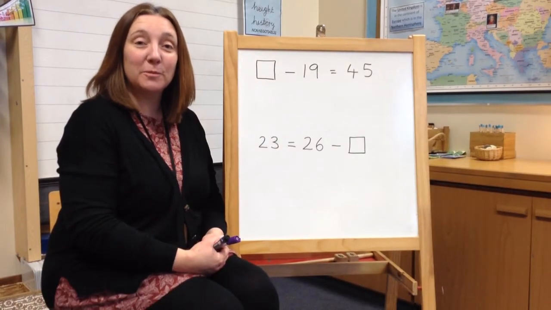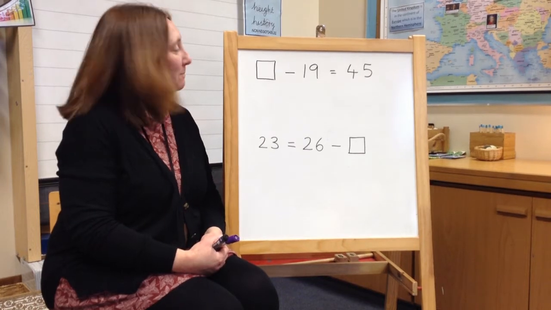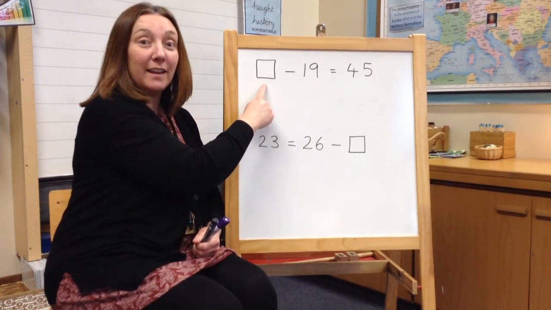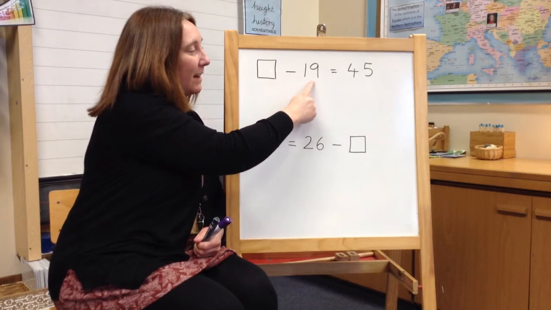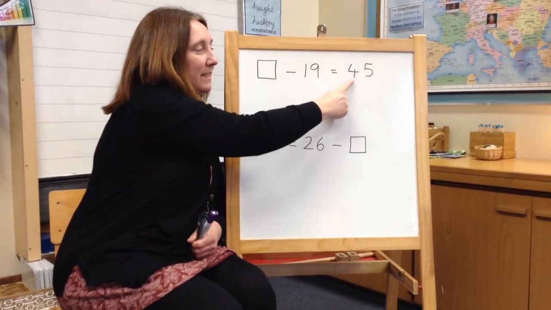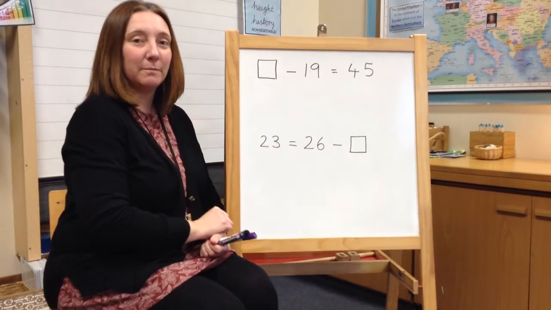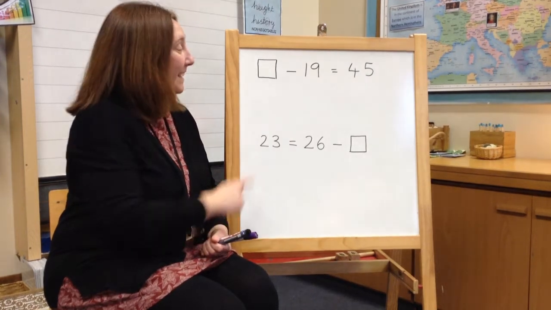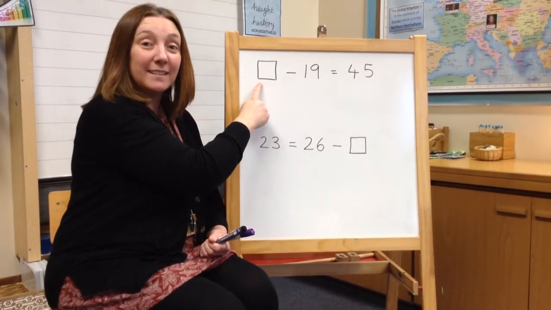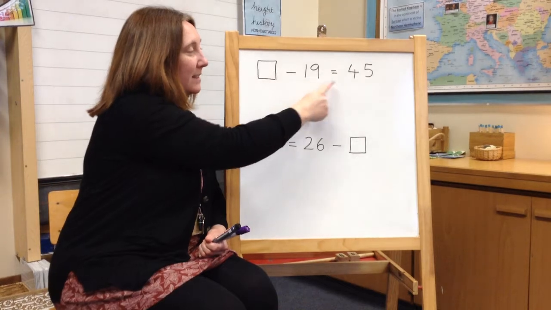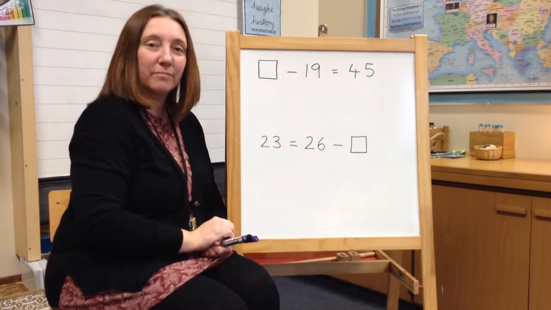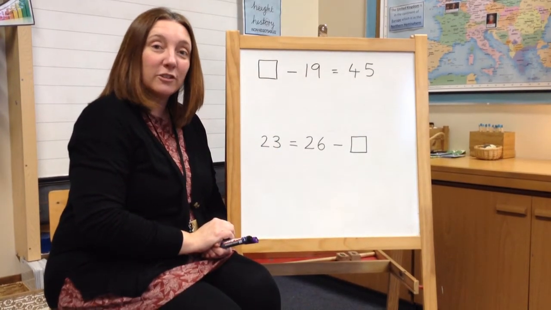Let's move on to some subtraction equations now. We've got something, subtract 19, and we have a difference of 45. What is missing? It's a minuend. We know the subtrahend and we know the difference. What do we know about subtraction?